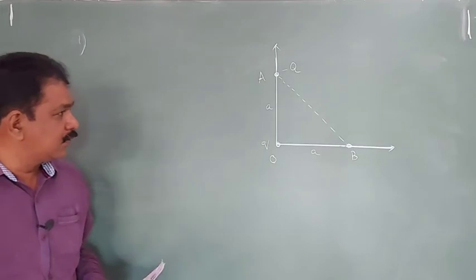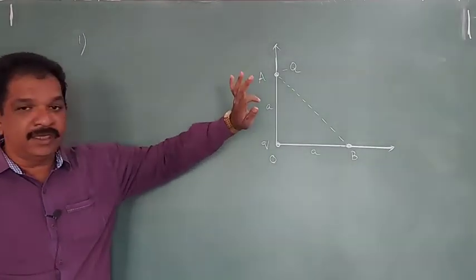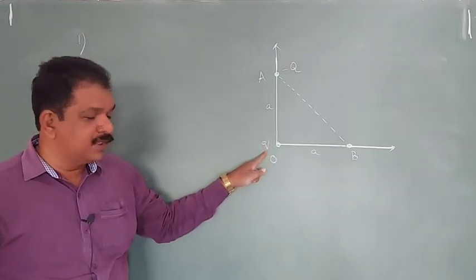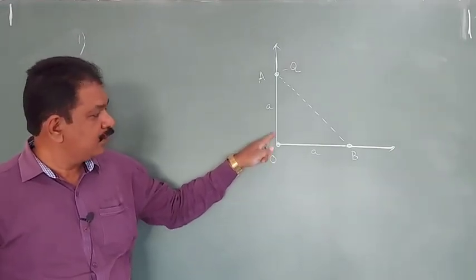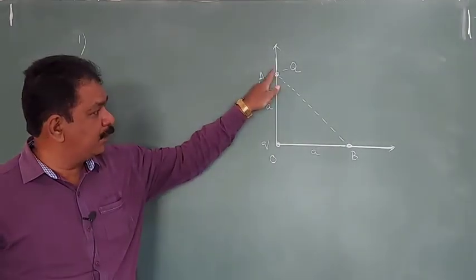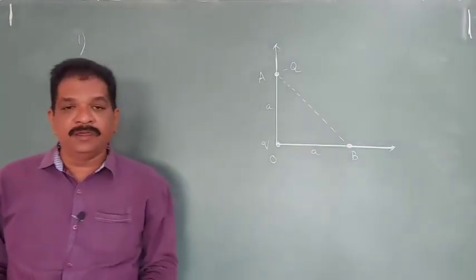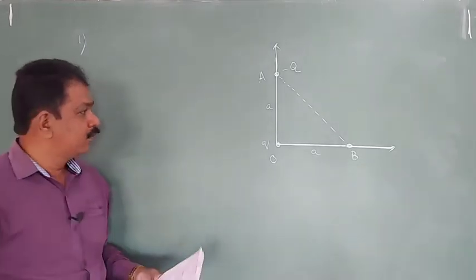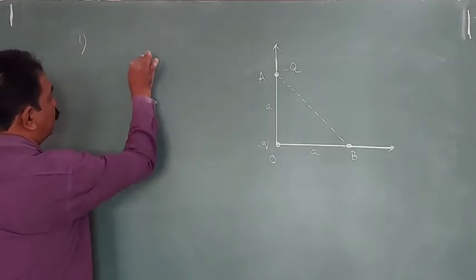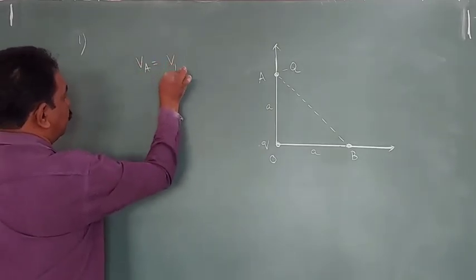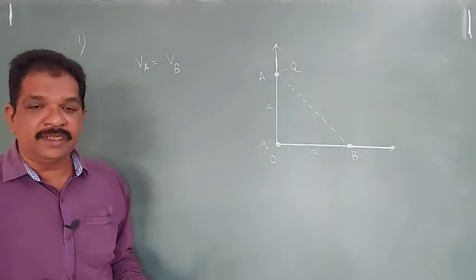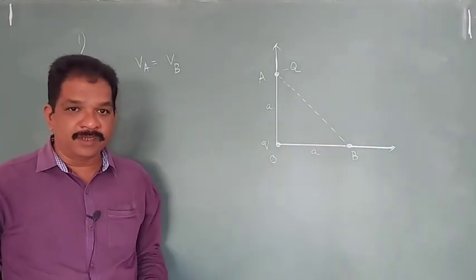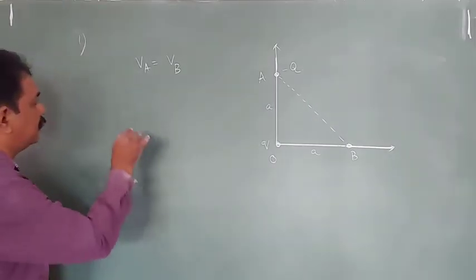Here if you observe, potential at A, potential at B is due to this small q. This small q, this A point, this B point are at equal distances from Q. So potentials will be equal. Potential at A is equal to potential at B. Understanding, then what is the work done?